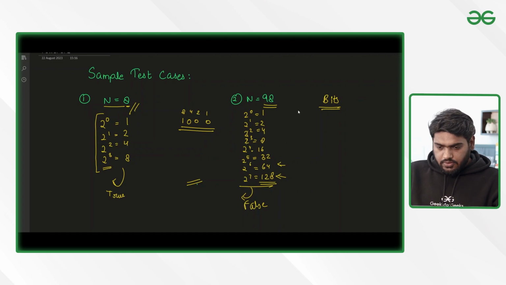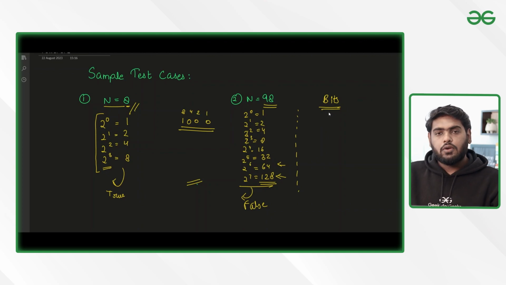And if I have to represent all these powers of 2 in the form of bits, how would it look? It'll be 1 for 1, 0 1 for 2, 0 0 1 for 4, and 0 0 0 1 for 8. Similarly going down, it keeps increasing like that.